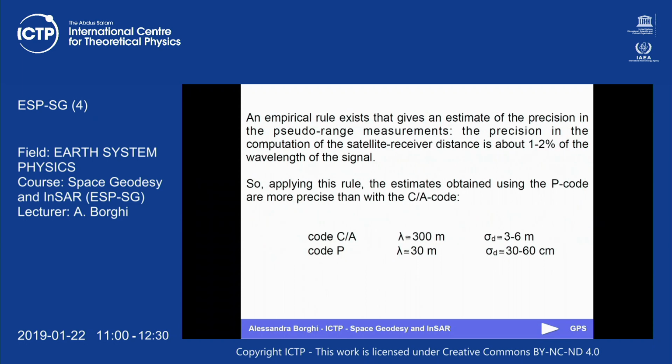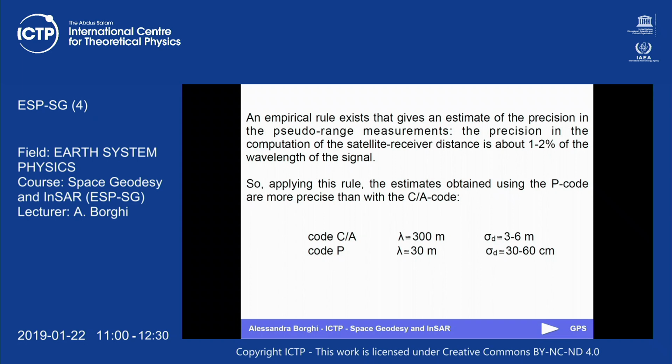Okay. There is an empirical rule that gives us an estimate of the precision. We have two codes that modulate our carrier, and we have two different precisions. There is a rule that says that the precision in the measure of the range is equal to 1–2% of the wavelength of the signal used.